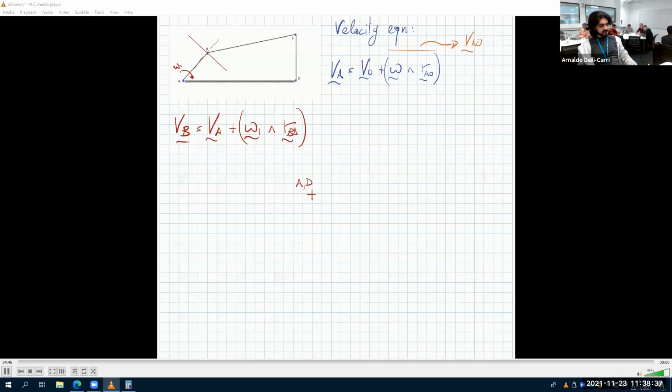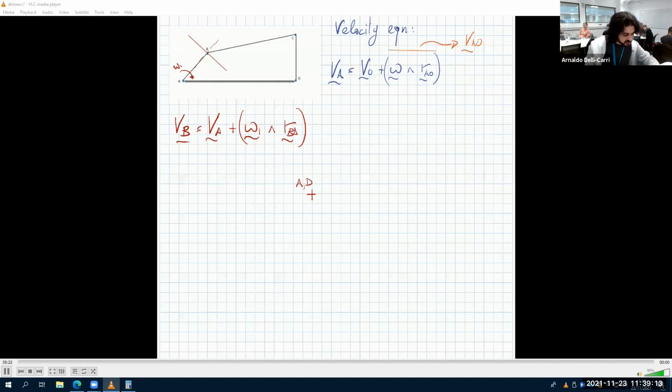Now, VB is a vector that starts from A, so starts from the origin in this case, and we need to add this other vector here, which is the vector product of these two vectors. Omega 1 is a vector that goes inside the paper. It doesn't come outside, because that would be for a counterclockwise omega 1. Since it's a clockwise omega 1, the vector goes inside. So a vector that goes inside towards a vector that is RBA.